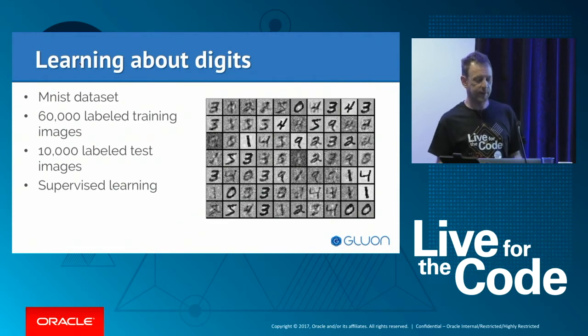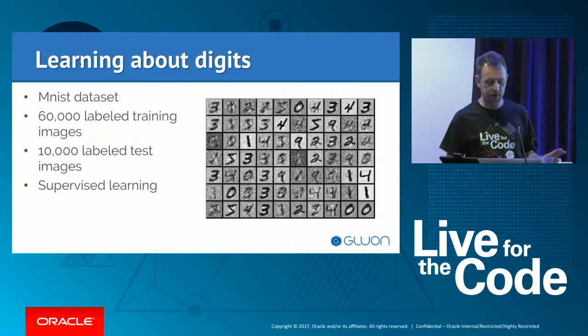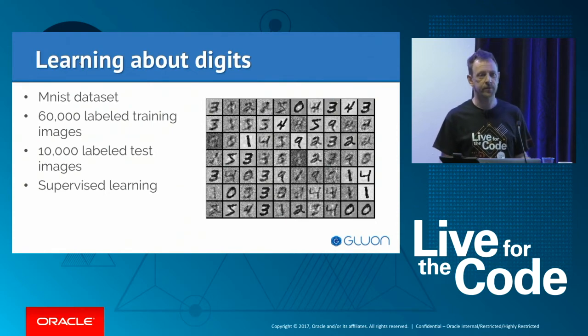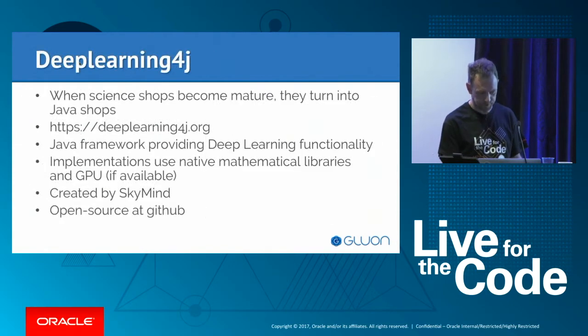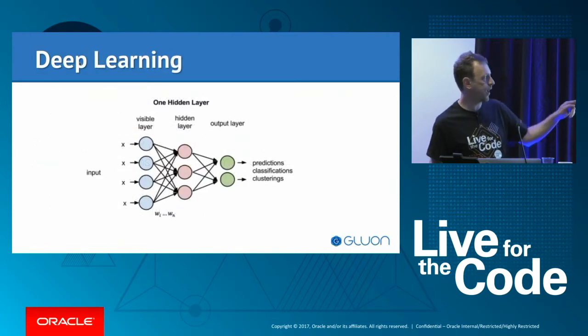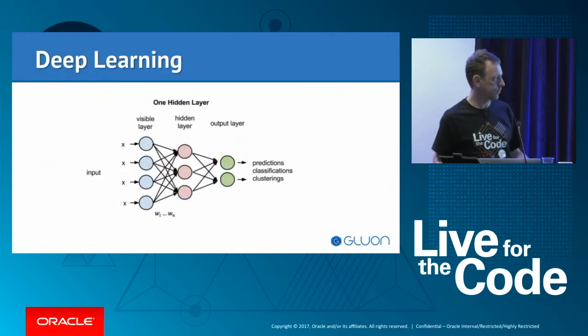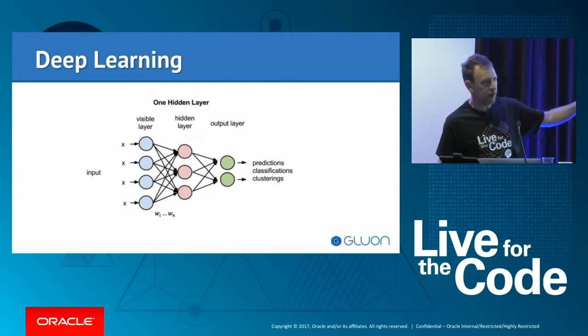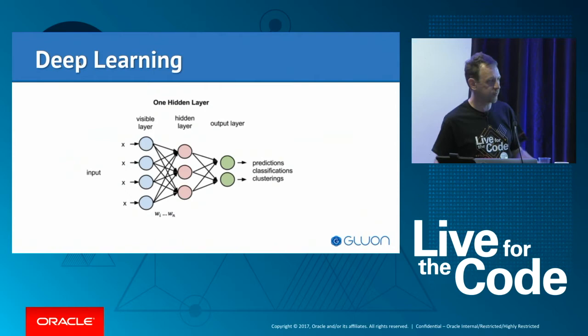But this MNIST dataset can be used by deep learning algorithms to train themselves, because we give those 60,000 digits to the algorithm, and we tell, hey, now try to predict for each digit which number this is. If we would go back to our slide where we showed the general prototype, MNIST ends with one output layer with 10 digits in there.